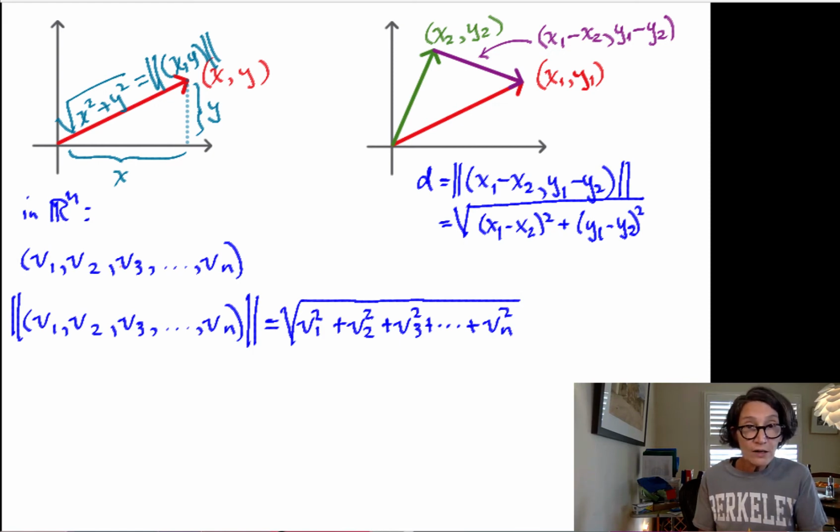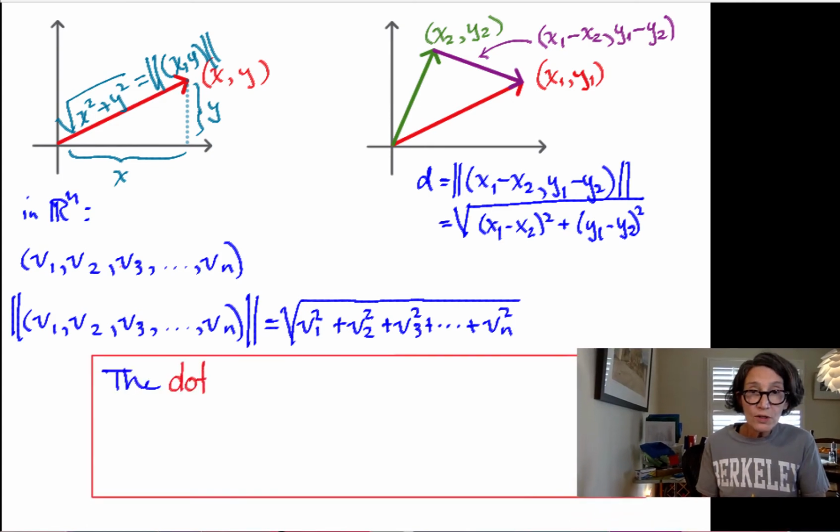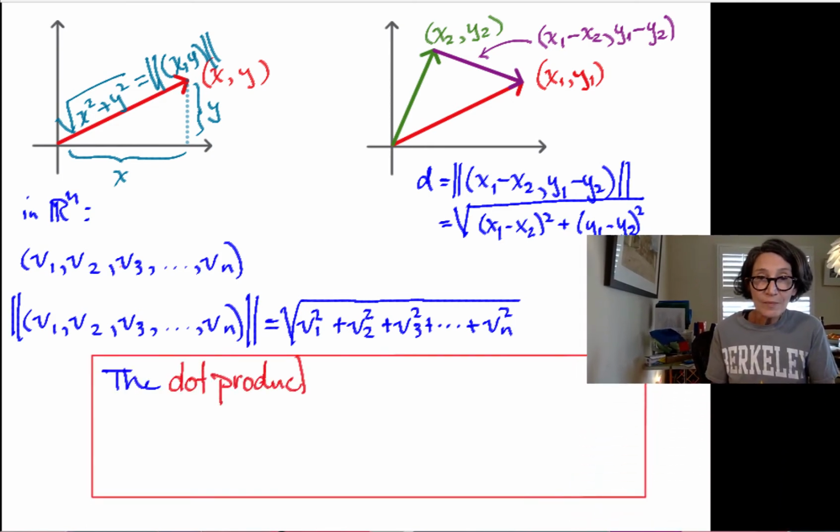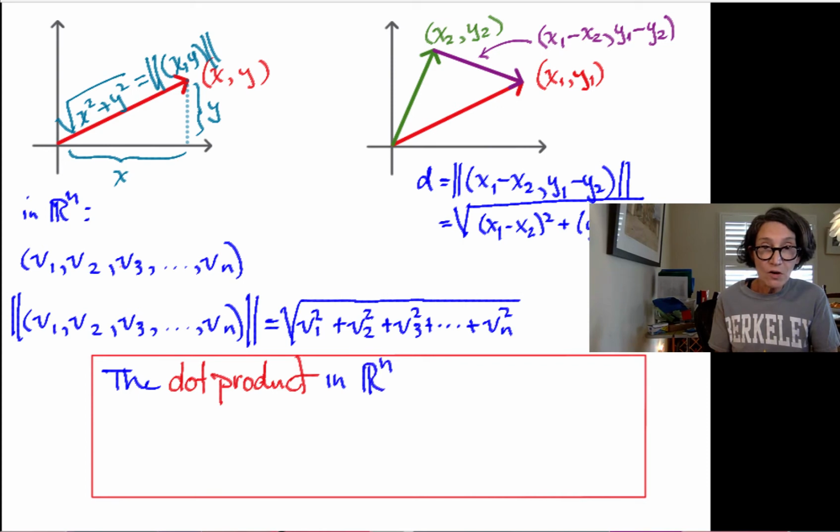So to do that in Rn, we do the same thing. What we're going to do is define something called the dot product in Rn. The dot product is just going to be the sum of the products of the components.